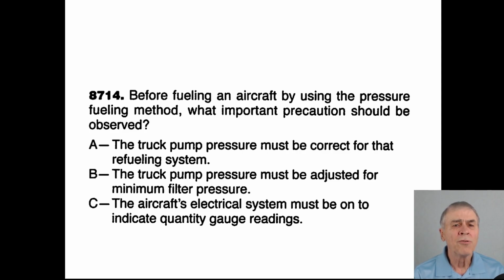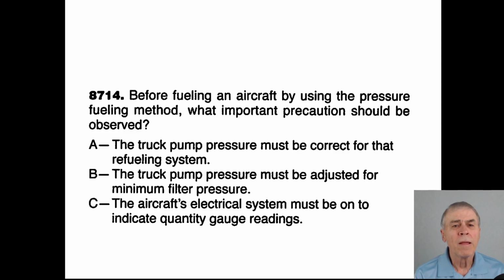B, the truck pump pressure must be adjusted for minimum filter pressure. A lot of words that put together, they kind of sound smart, but that's mostly a little trap for the unwary. Or C, the aircraft's electrical system must be on to indicate quantity gauge readings.